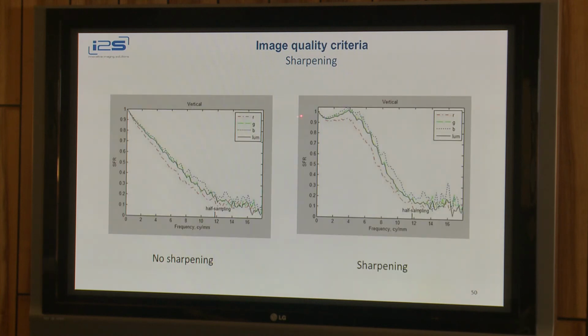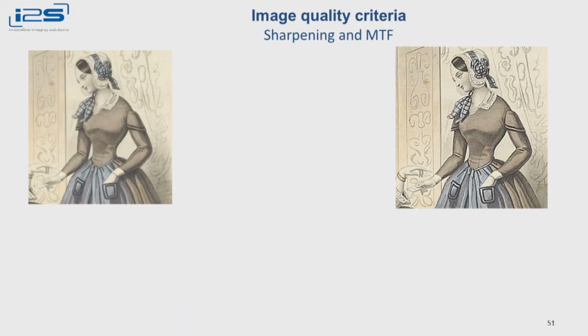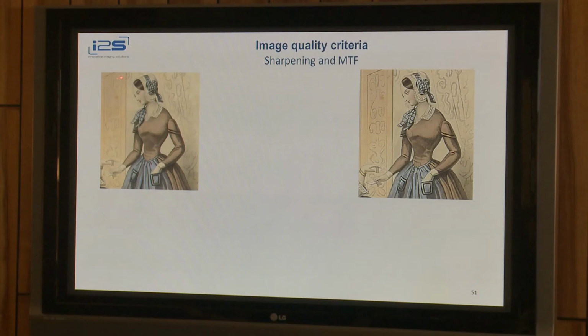But it should not be too strong. And this chart analysis is a good way to check how much you are playing. Same on this one. You will probably think that this one is sharper than this one. If you compare especially this line here, there is more contrast, it's more visible.